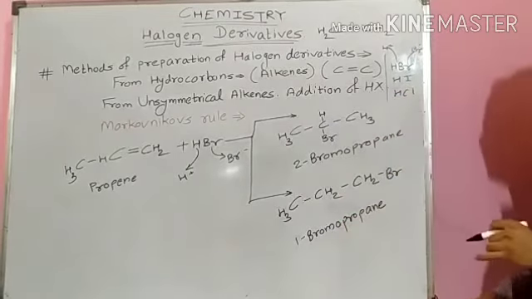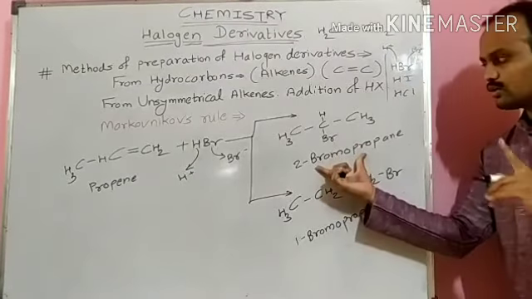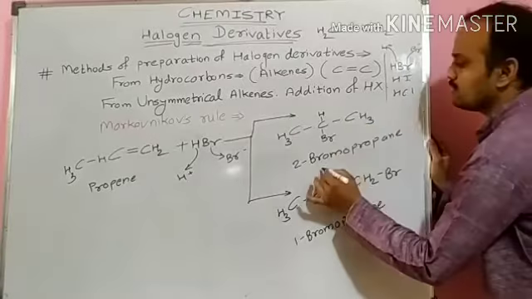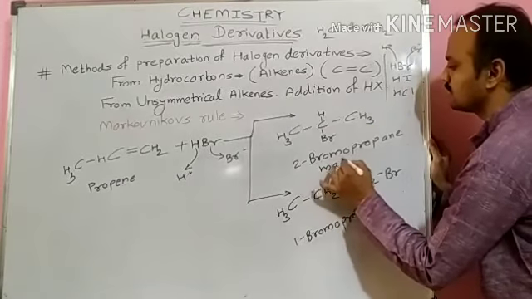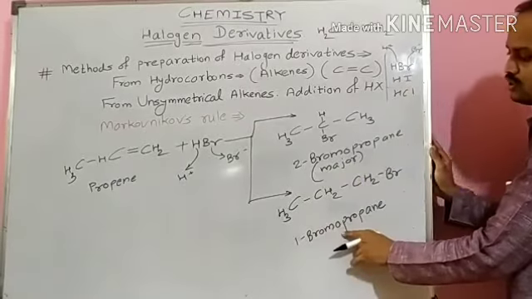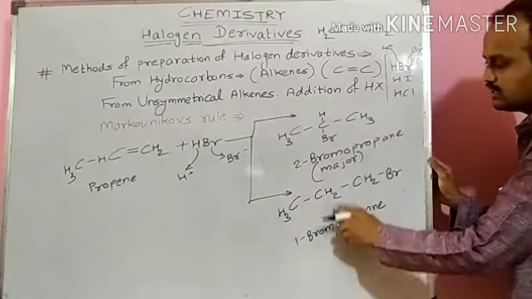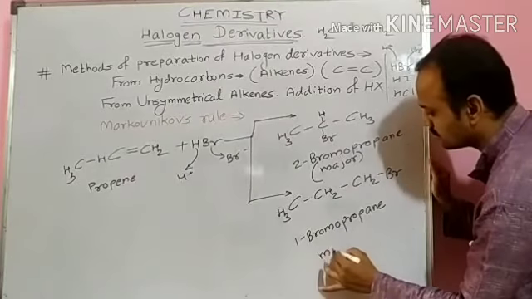As I said earlier, the product obtained according to Markovnikov's rule will be the major product, and the product obtained according to the opposite of Markovnikov's rule will be the minor product.